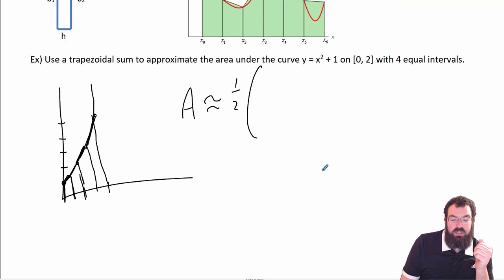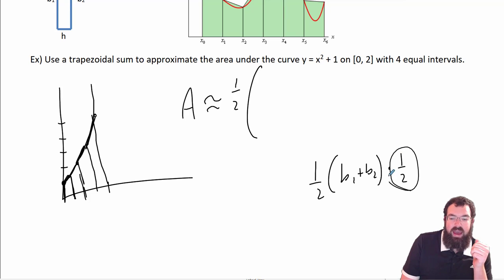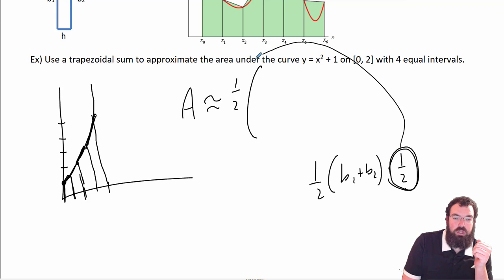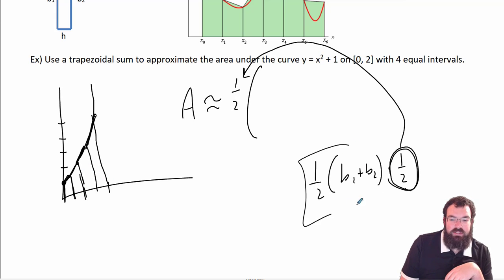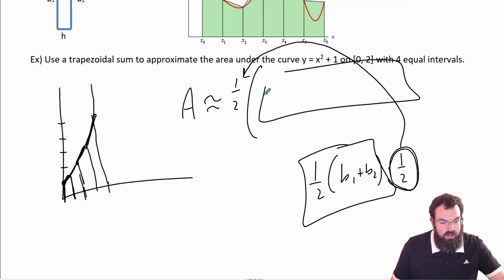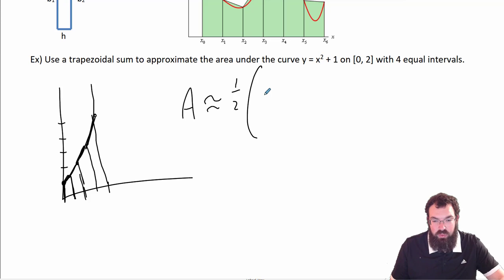Remember my formula is 1/2 times base 1 plus base 2 times the height. But in this case, the height is a half. So this half, I'm actually pulling out, and I'm finding base 1 plus base 2 divided by 2. I'm doing this for each of the pieces on the inside. That's where I get those things from. I'm not just making them up. Sometimes it probably seems that way.